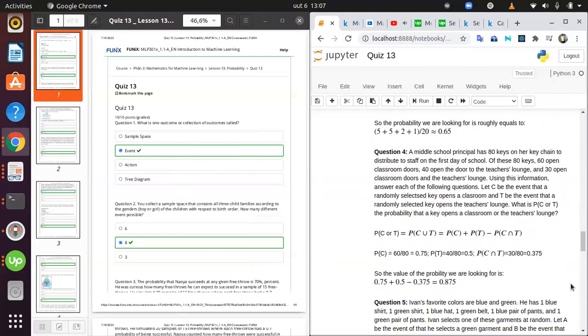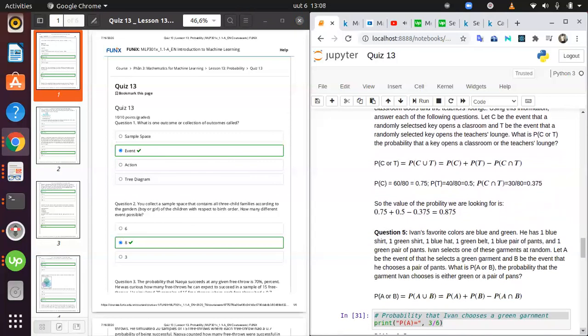Hang on, what is the 60? Okay, 60 is open classroom doors. Okay, so 0.75 is P of C. Yes. Okay, P of T. Okay, I got that. P of C and T is, oh, C and T. No, C and T is neither C or T. Okay. You got it? Yeah, I got it. Okay, so great.